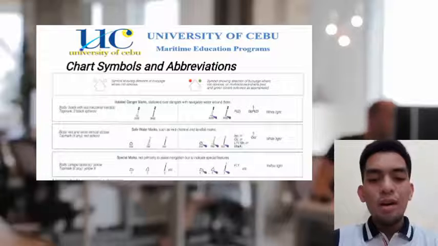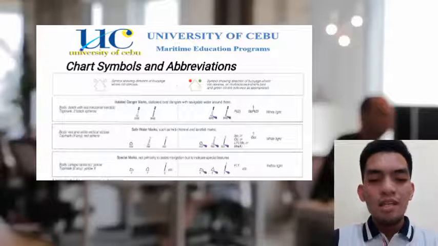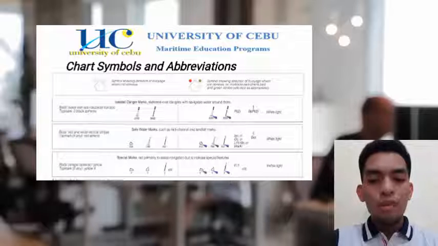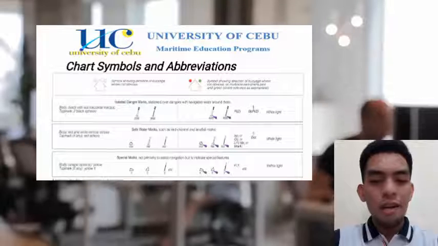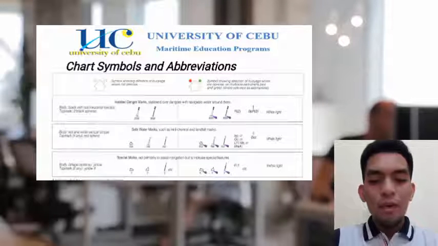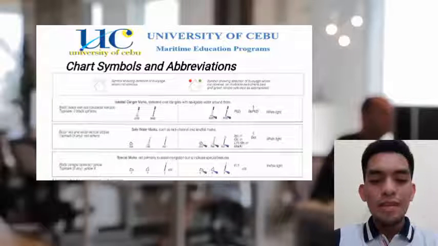Under safe water marks such as mid-channel and landfall marks, each buoy is red and white vertical stripes, and the top mark, if any, is a red sphere with white light when fitted, isophase, occulting, or long flashing every 10 seconds, or Morse code A.